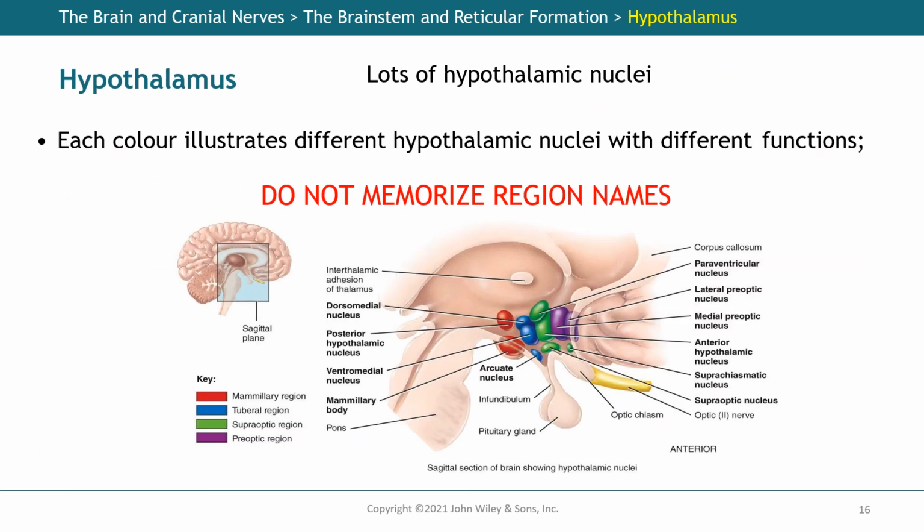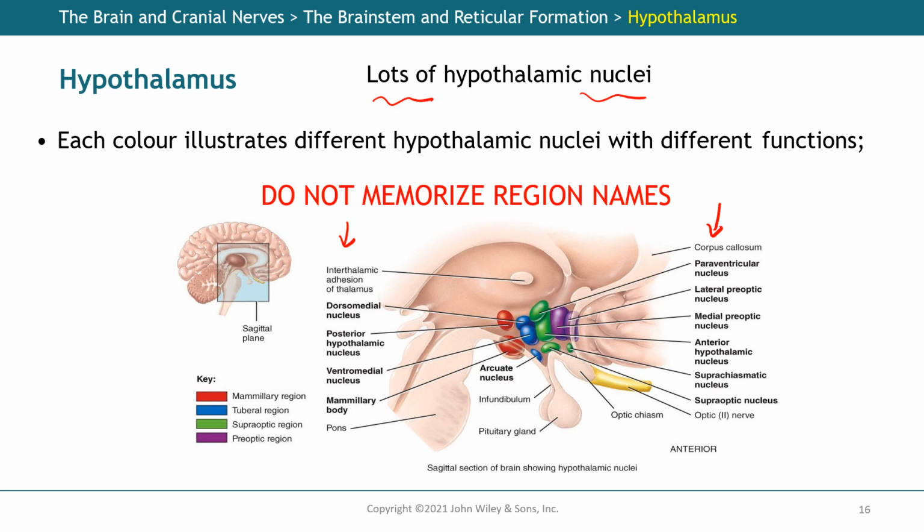Just as a reminder, similar to the thalamus, the hypothalamus has a lot of nuclei, and many of them are in your textbook. I didn't show you those to not make it more complicated. What I want to show you is that the hypothalamus is involved in many functions.